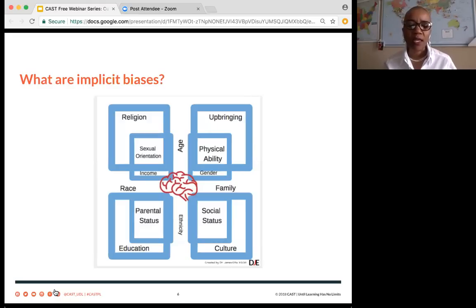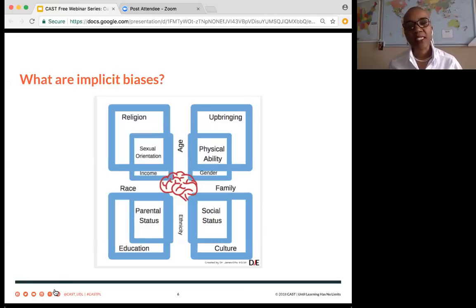And so implicit bias, it is those direct and indirect messages that we get very early on in our development, whether we realize them or not. Because these messages are received very early, they appear to be accepted because it's within our comfort zone, within our group, our norm, our family, our circle. And so these messages help to shape our thinking, and it ultimately also shapes how we view the world.